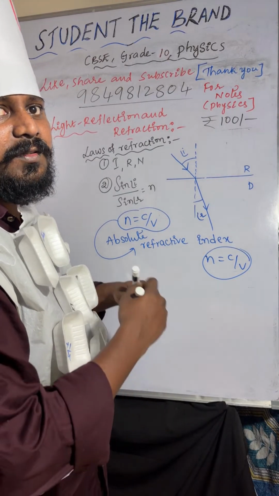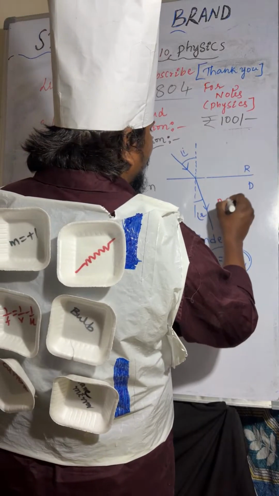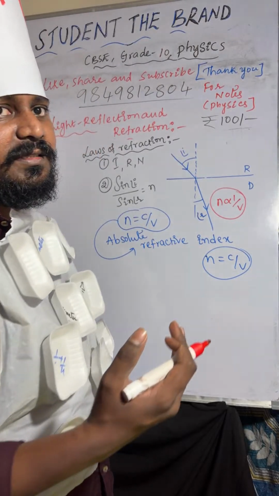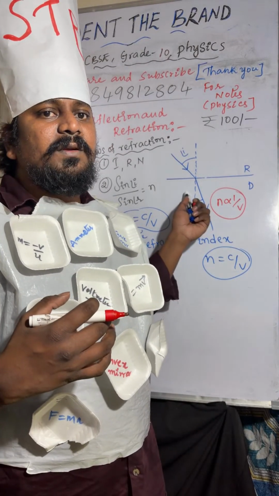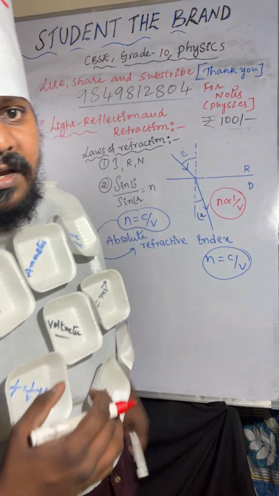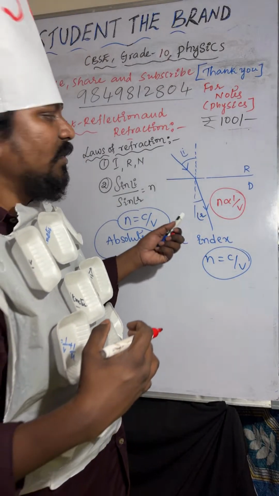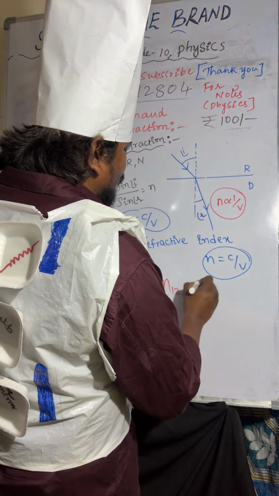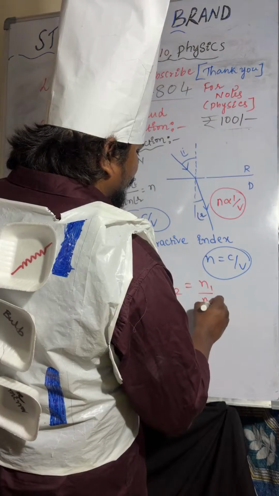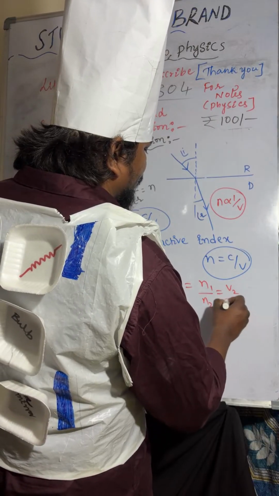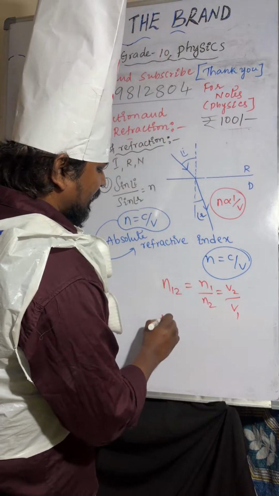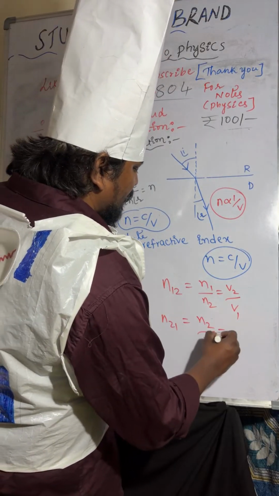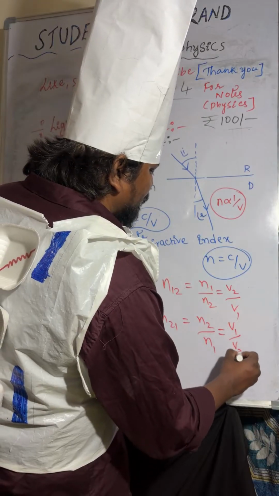Then n12 equals n1 by n2, which is equal to v2 by v1. And n21, that is n2 by n1, equals v1 by v2.